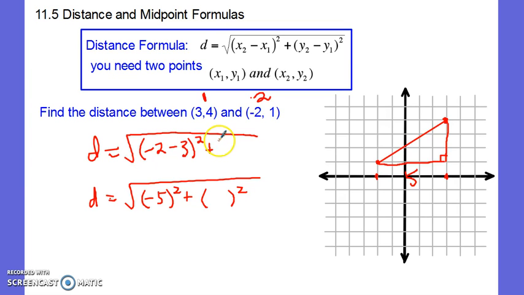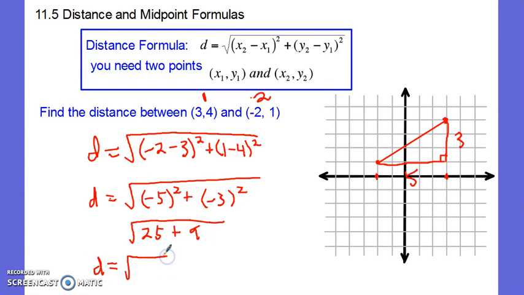It doesn't really matter which one's which, but since we used -2 for point number 2 before, we'll call it 1 minus 4 squared, which is -3, which essentially is 3 units up and down. Again, the negative won't really matter because the minute we square this, that becomes 25 plus 9.